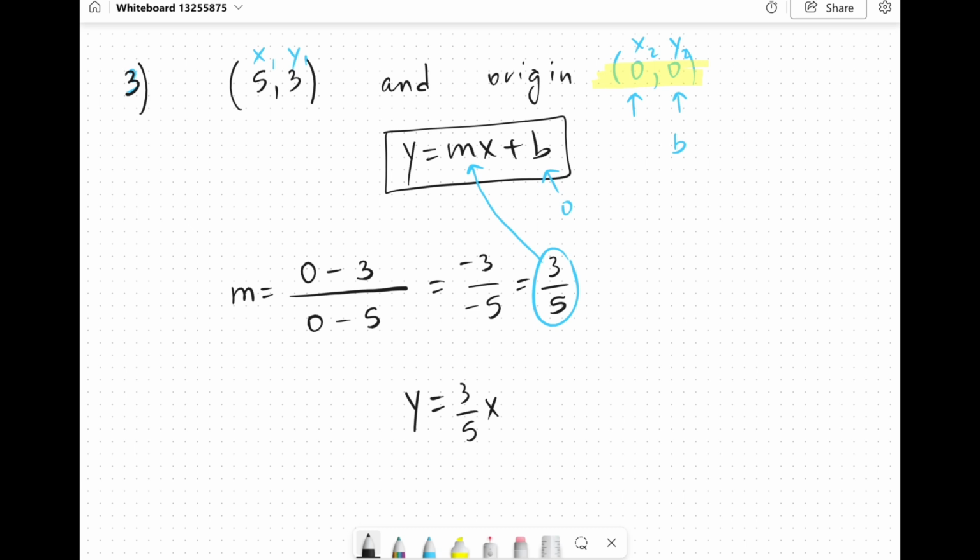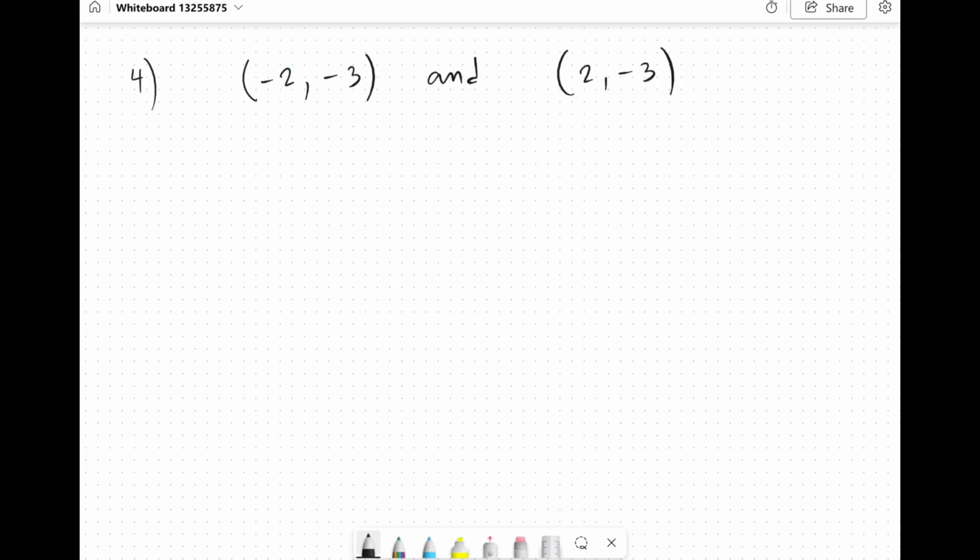as 3/5 x. So a similar question, again, given 2 points, we still want y equals mx plus b. So let's go ahead and find the m using our slope formula. Keep in mind this is your x1, y1, x2, and y2. So on the top you have -3 minus -3.